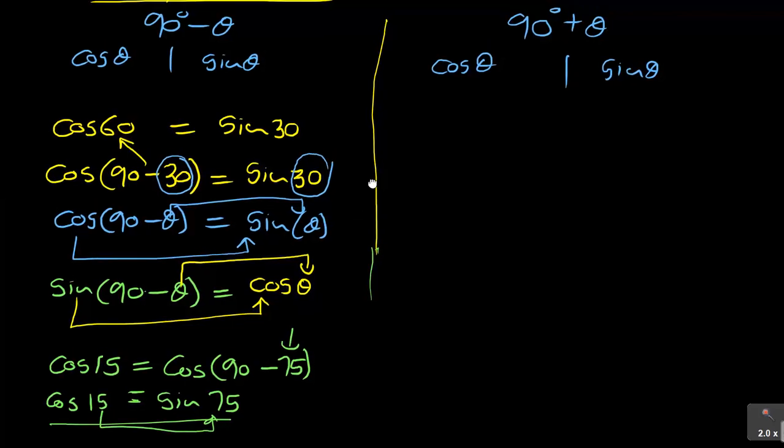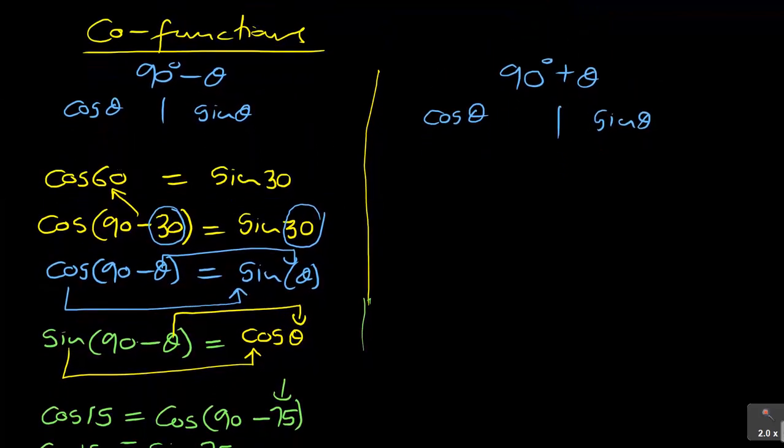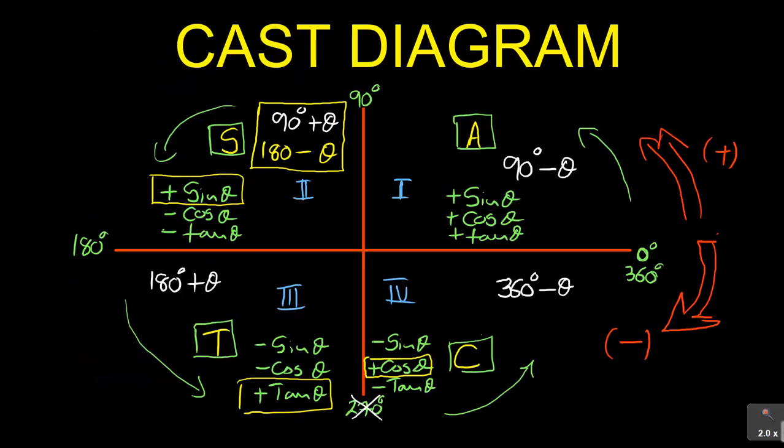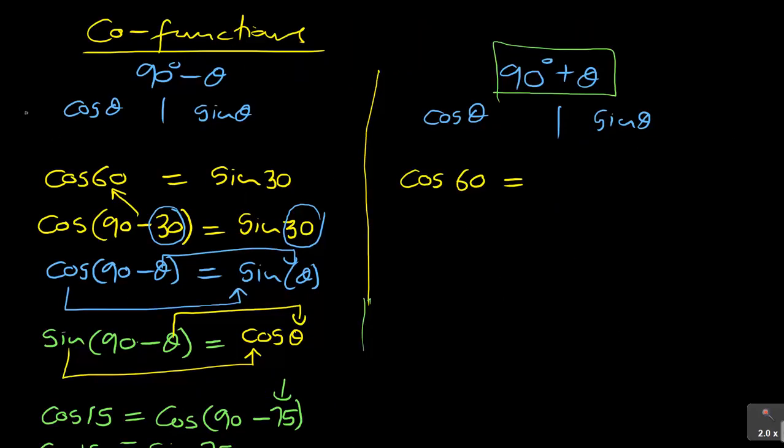Having done that, let us now look at the cofunction of 90 plus. How does it work? Similarly to what we're doing here, using cos and sine, if I have, for example, cos, let me use 120 because now we are dealing with the second quadrant.